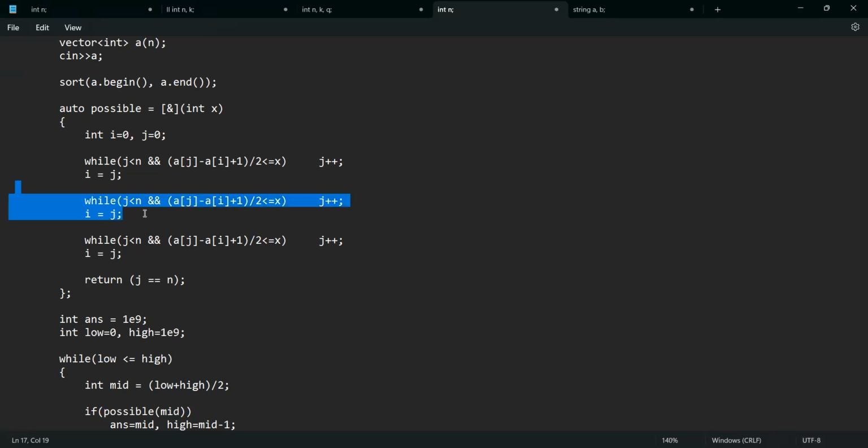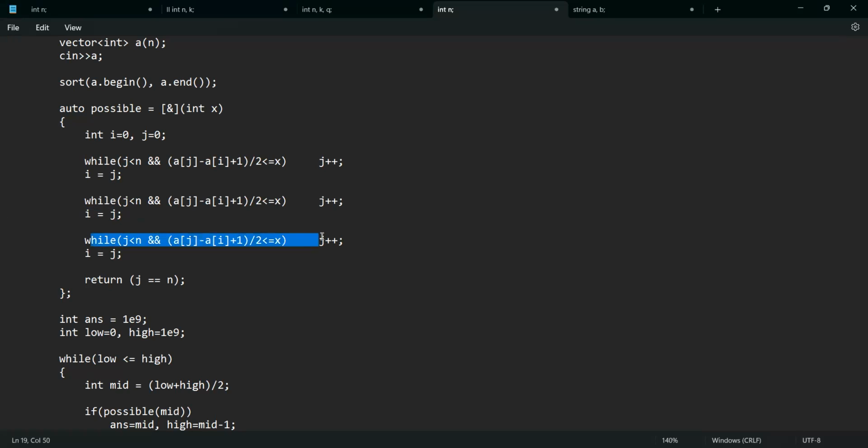So then I'll make I equal to j. I equal to j means the left boundary for the second person. Then I'll try to move my j rightwards for the second person, and finally when this condition turns out to be false, I'll move my left boundary to j. Now this is for the third person.